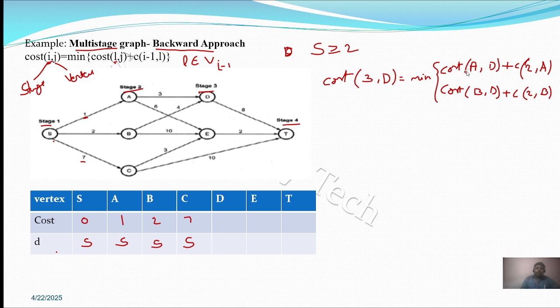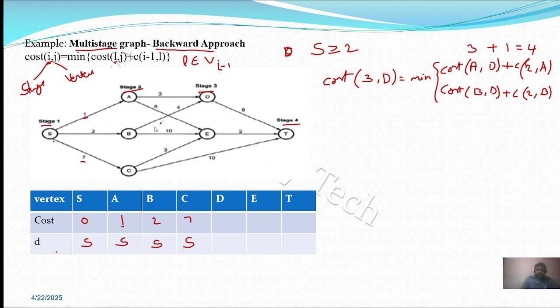So here you can see D has two incoming edges, from A to D and B to D. Now the cost of AD, the edge cost, is 3. 3 plus cost(2, A), which is 1, is equal to 4.